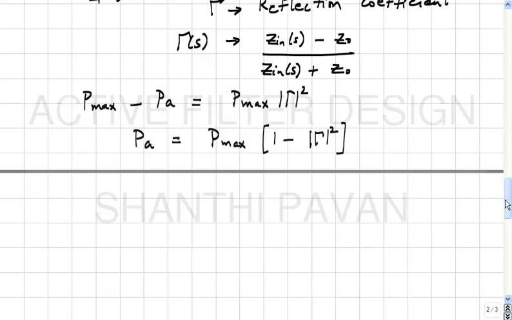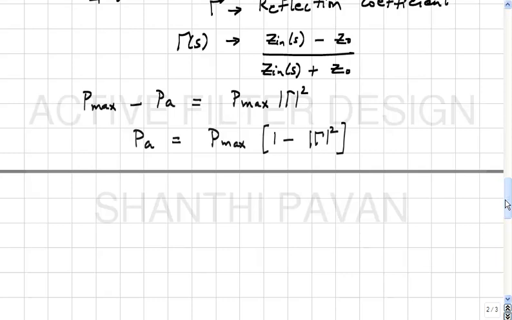You understand? So the physical intuition that allows us to write this is the motivation for calling gamma the reflection coefficient, because PA is the maximum available power from the source. If you have a passive impedance, you cannot dissipate more than this PA in the load. But if the load deviates from Z naught, then the power dissipated in the load will be smaller than the maximum power that you can possibly dissipate.